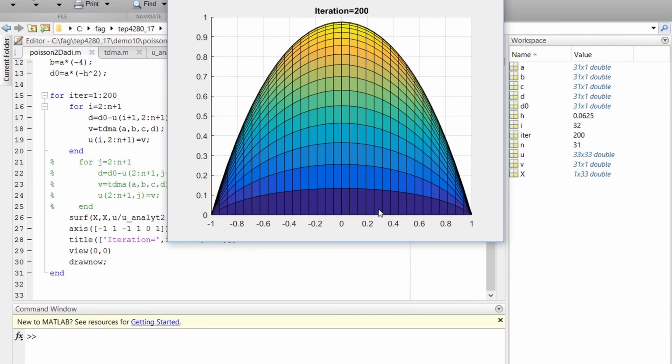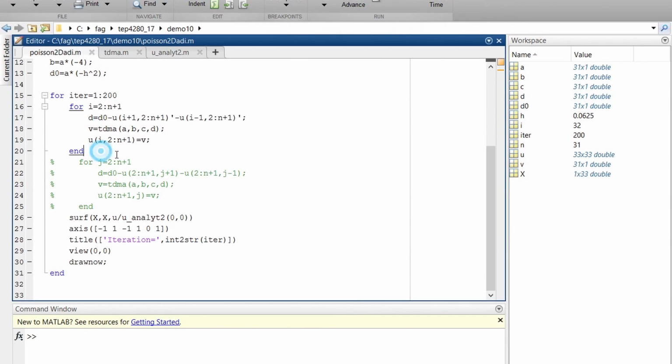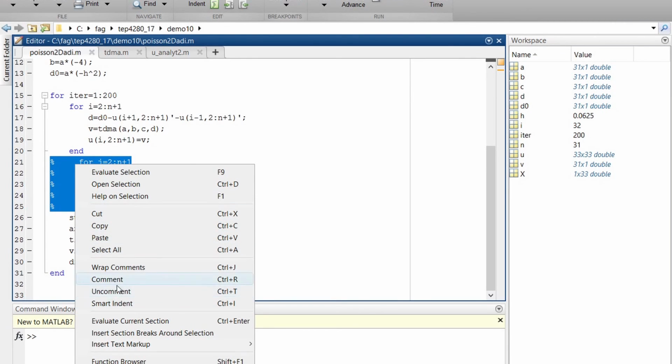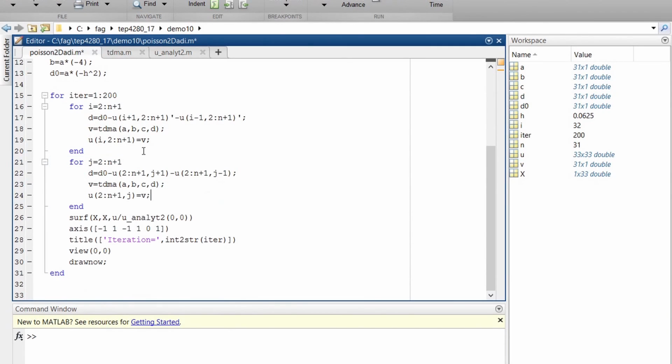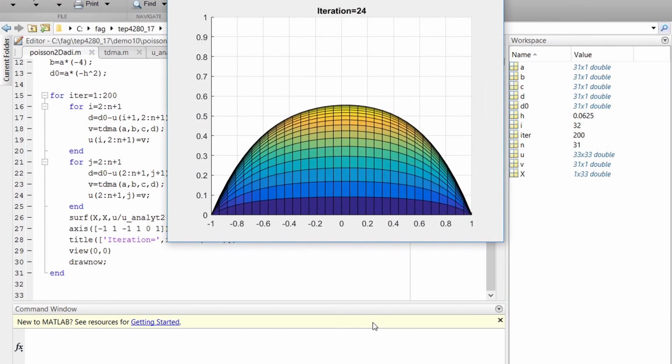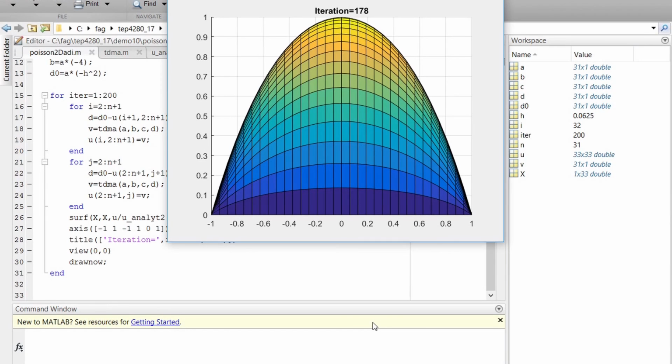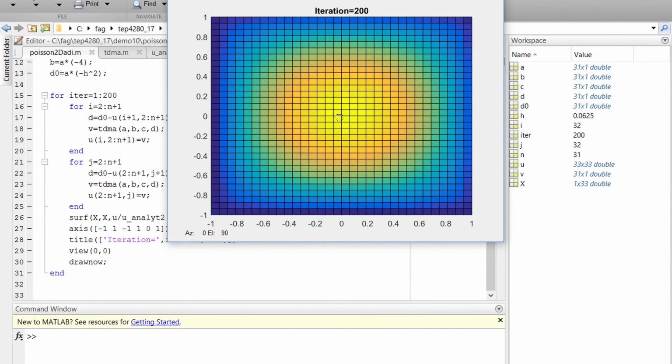So now the x works as well as the y direction, and then we remove the comments, and then we should have this alternating direction using both x and y direction. So that one is quite robust for a lot of problems, and you see now with 200 iterations, yes, we find a fairly decent correct solution, and the center value now should be close to 0.3.